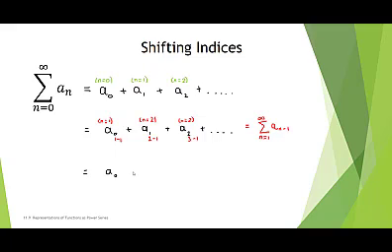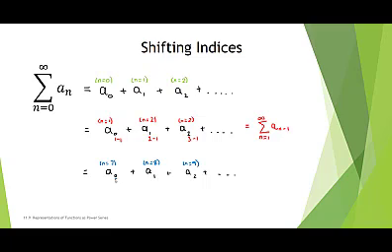I can do this any way I choose. So let's say I have the same summation, a0 plus a1 plus a2, and for some reason I want my summation to start with n equals 7. So this is going to be n equals 7, this is n equals 8, this is n equals 9, and so on. Well, then I have to figure out how to write these subscripts in terms of that value n.